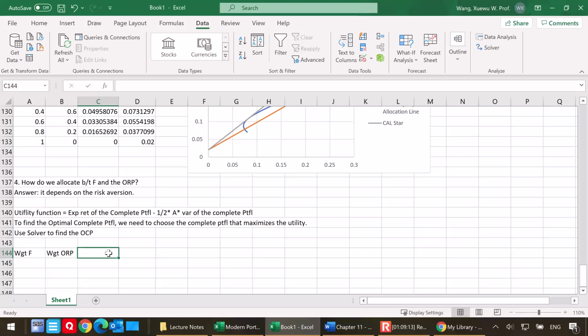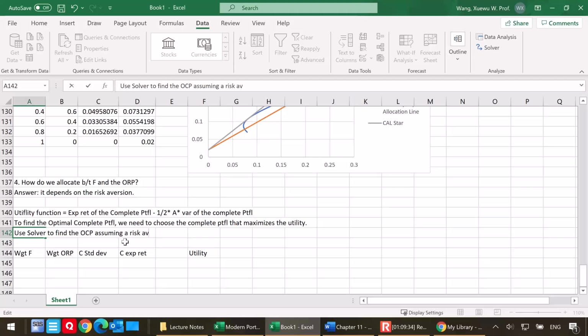And I'm going to look at complete portfolio standard deviation, and I'm going to look at complete portfolio expected return, and more importantly, I'm going to look at the utility score, and I'm going to assume a risk aversion coefficient of, let's say, what's the number here? All right, so let me just look up the number here. Risk aversion coefficient of 20.